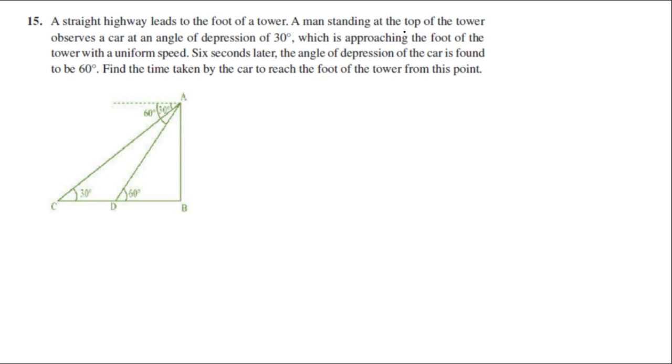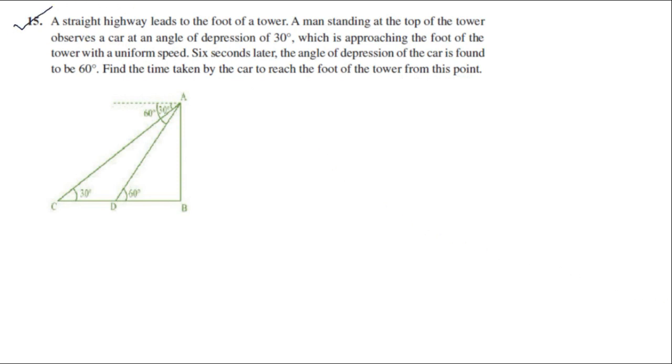A man standing at the top of the tower observes a car at an angle of depression 30 degrees, which is approaching the foot of the tower with a uniform speed. 6 seconds later, the angle of depression of the car is found to be 60 degrees. Find the time taken by the car to reach the foot of the tower from this point. This is also one of the very important questions.